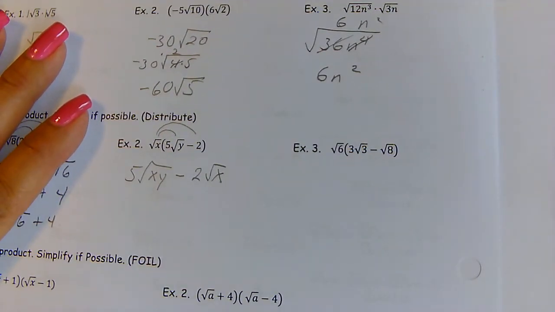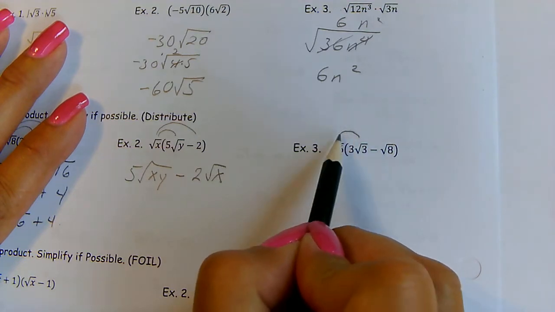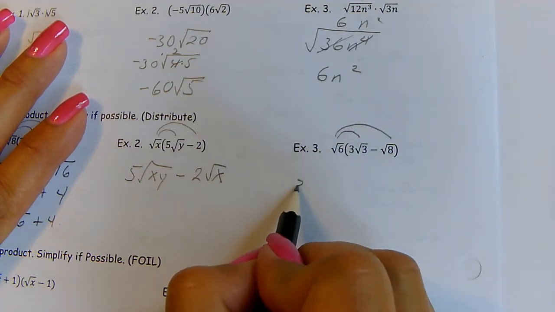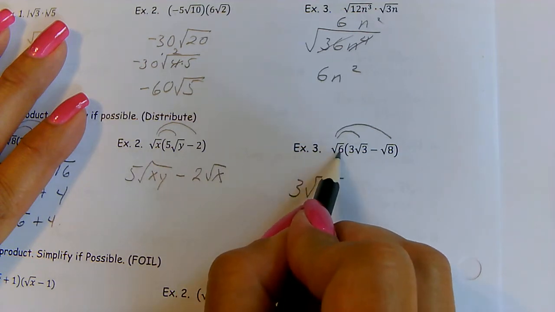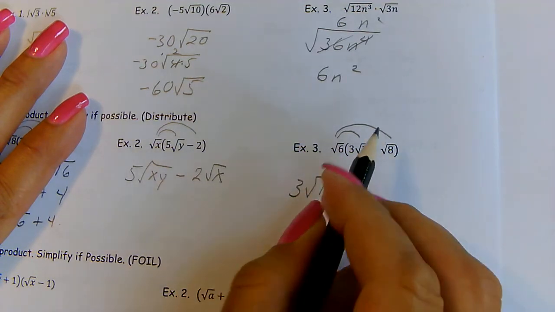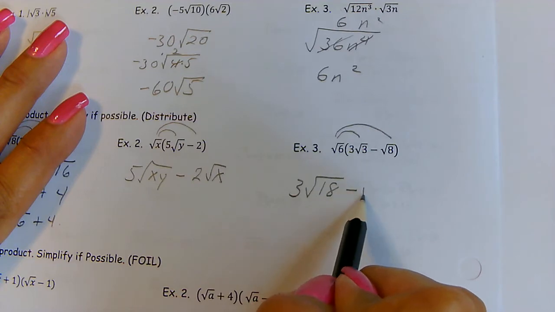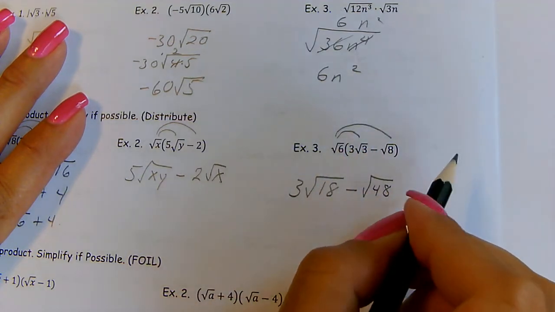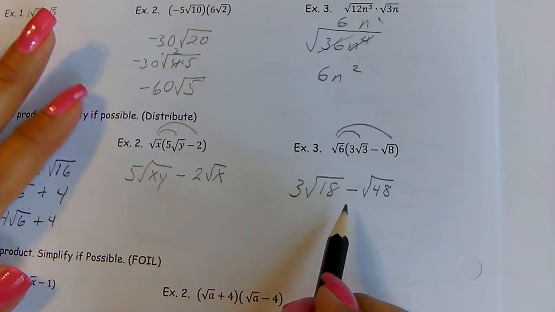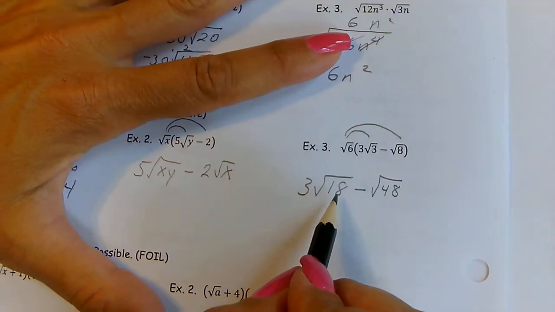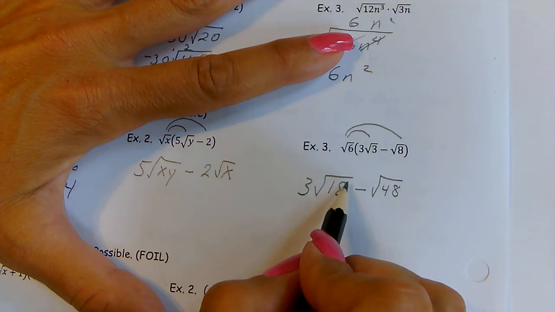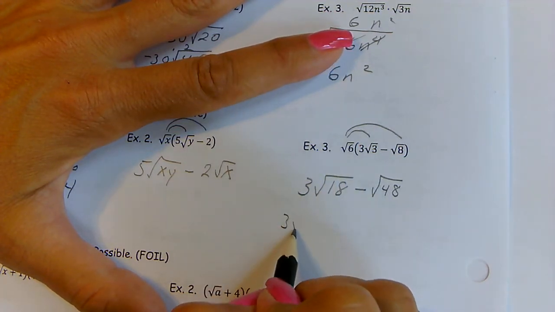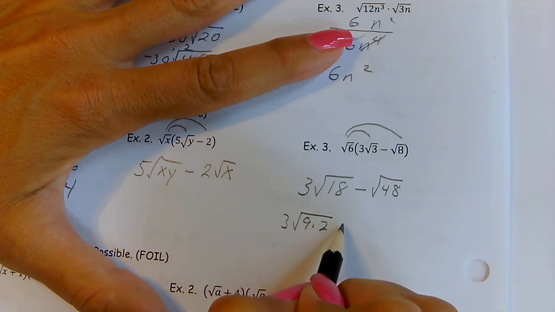Over here, keep distributing, multiplying. 3 times 1 here. 6 times 3 will be 18. Minus 6 times 8, 48. They both can be simplified. The largest perfect square factor here is going to be 9 times 2.